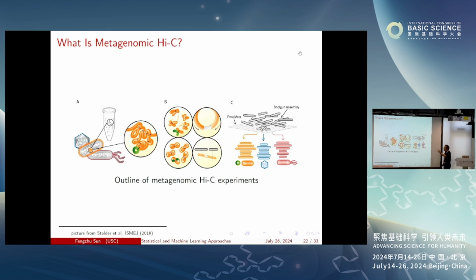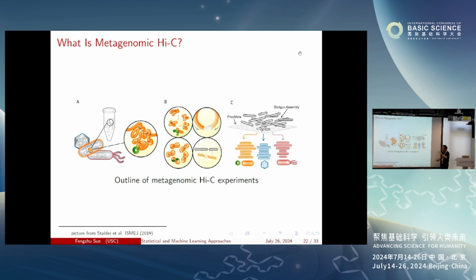So here I give you some background on how that was done. You have the microbiome, and the first thing they do is use formaldehyde to link those genomic regions that are physically close together. Those black ones are the linkage.